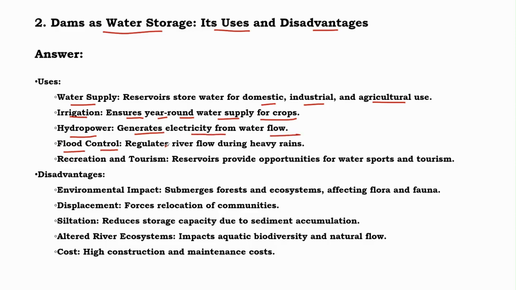Flood control, regulating river flow during heavy rain. Then recreation and tourism. Reservoirs provide opportunities for water sports and tourism. Then disadvantages: environmental impact, submerging forest and ecosystem, affecting flora and fauna.